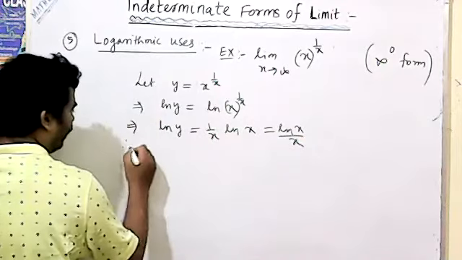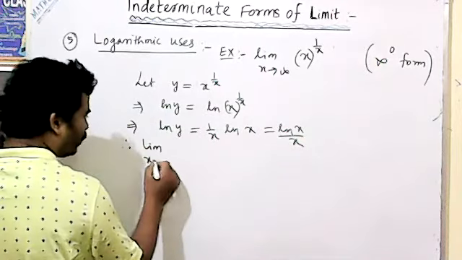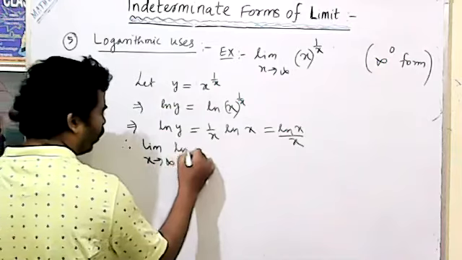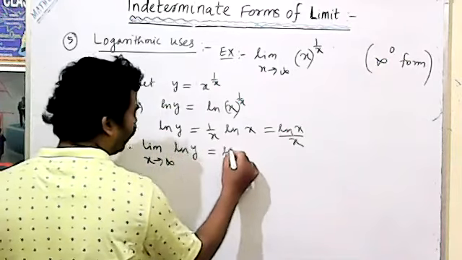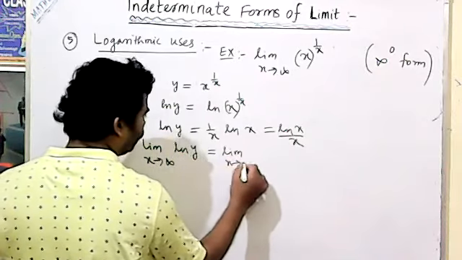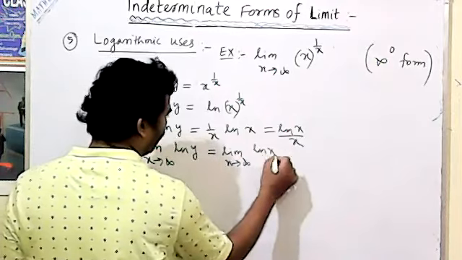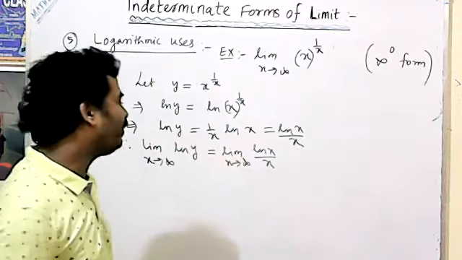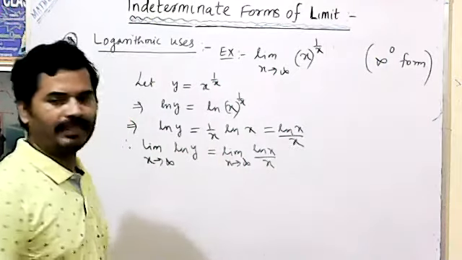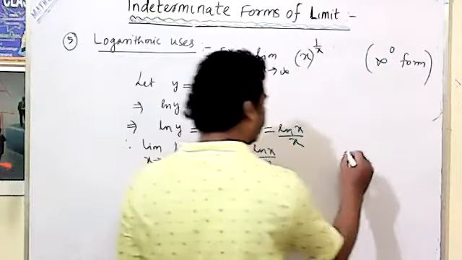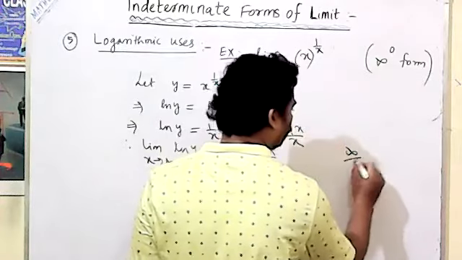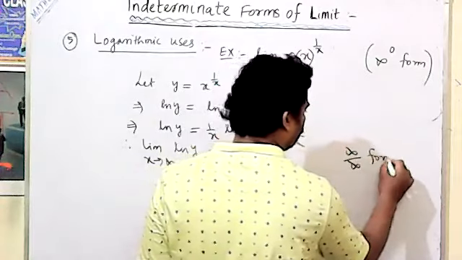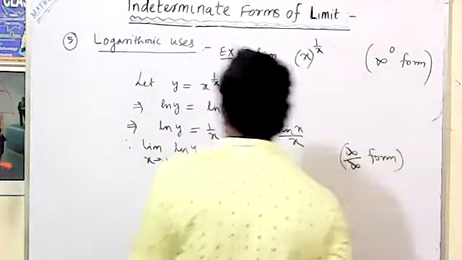Now the limit as x tends to infinity of ln y is equal to the limit as x tends to infinity of ln x by x. Now put x as infinity: ln infinity is infinity and the denominator is also infinity, so it comes to the infinity by infinity form.